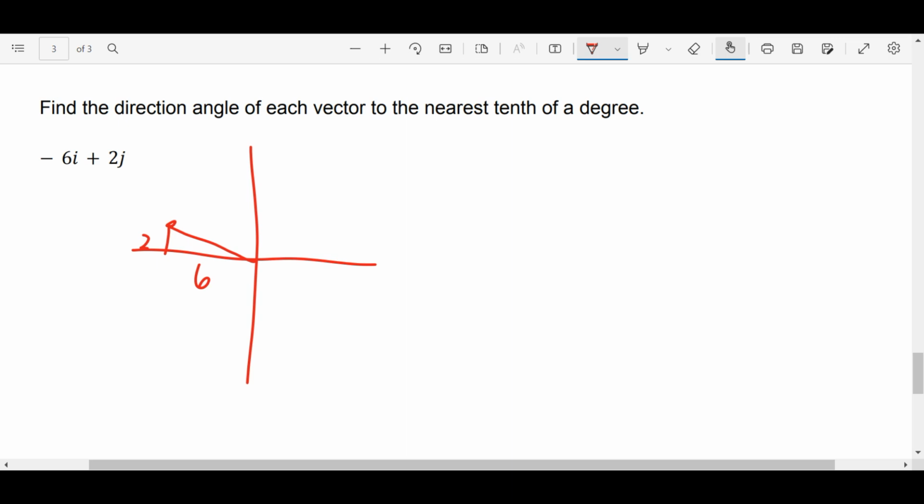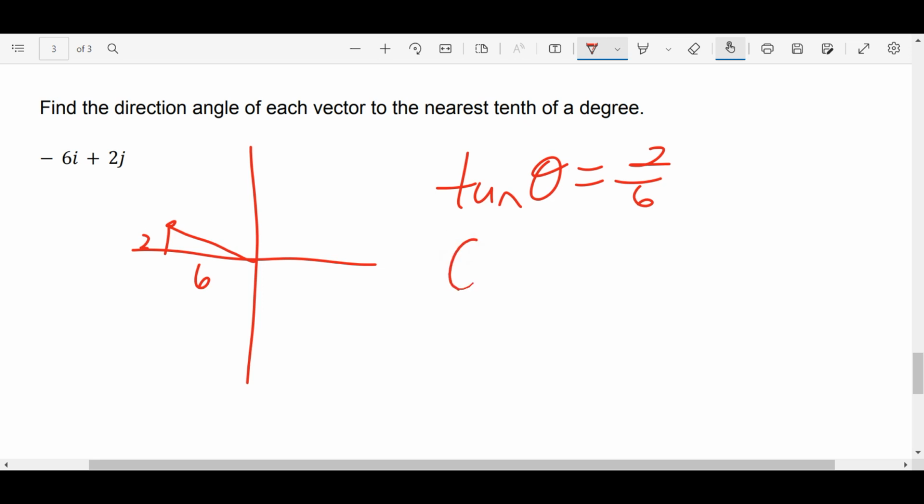And you wanted to find the direction of each angle. You have the opposite, you have the adjacent. You're doing tan. Tan theta is equal to what? Opposite over adjacent, right? 2 over 6. Now this is where it gets a little weird, okay?